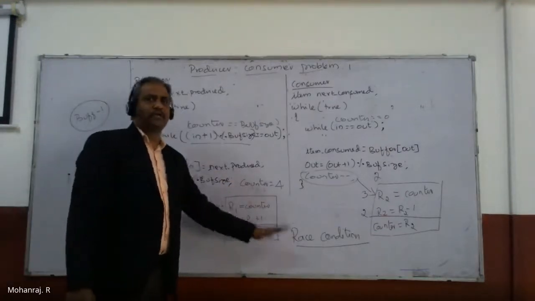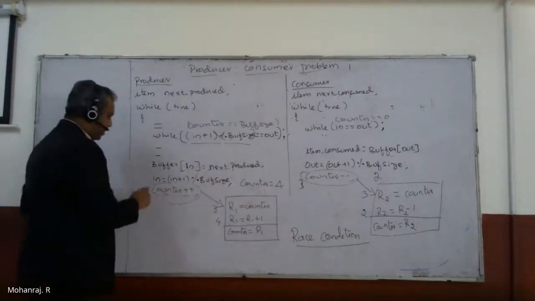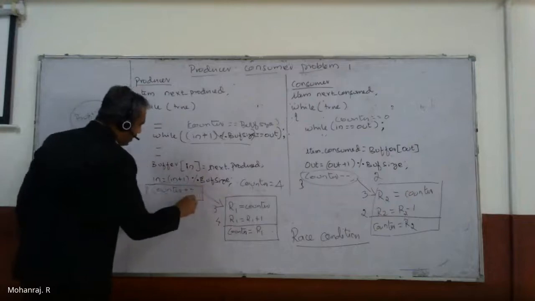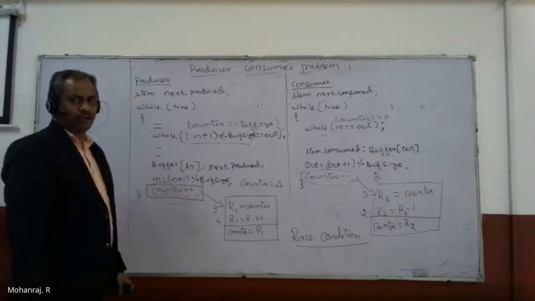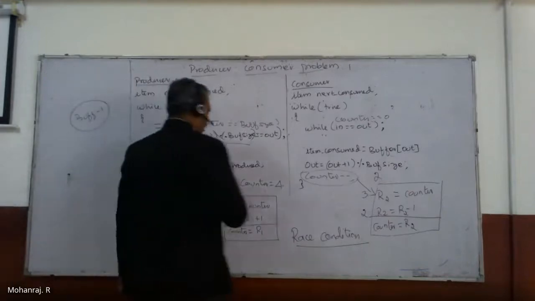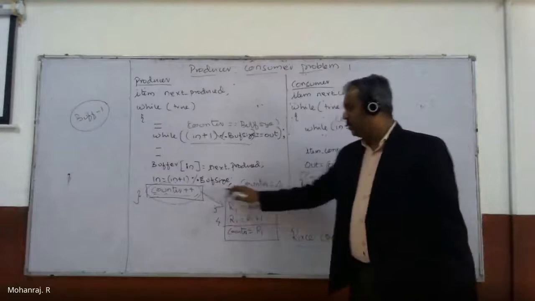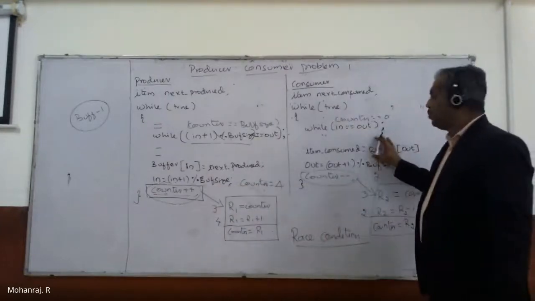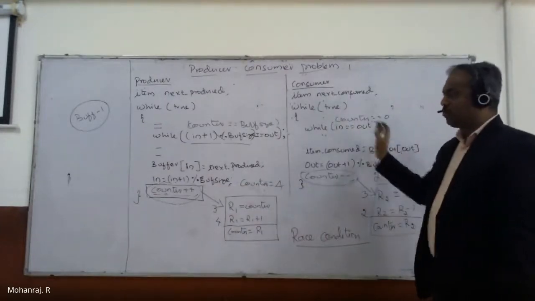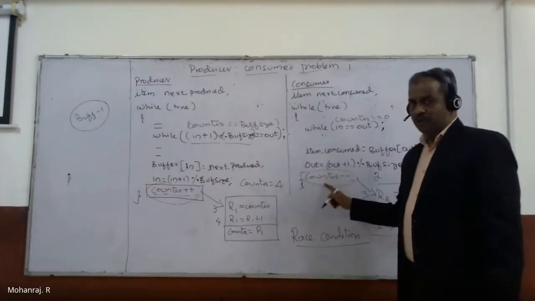So to avoid this race condition, what we have to do is, if the execution has entered into updating the value of counter variable, and because it has entered into this point to update the value of counter, now this has to be informed that some process is trying to update the value of a counter.